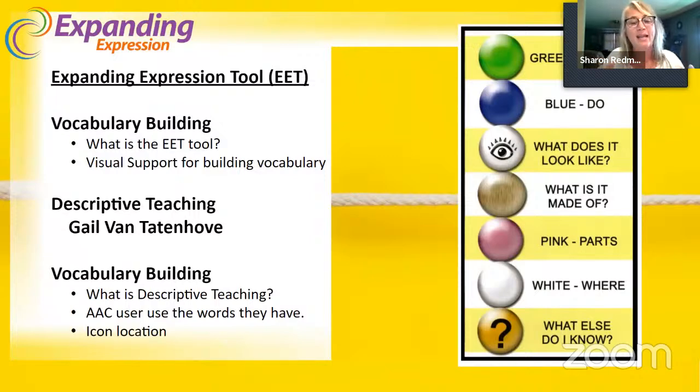So when you look at Gail Van Tatenhome's descriptive teaching model and approach, in that if you don't have, which we know we can't have all the words in our communication devices, but we have core words in our communication devices. And so what can you use to be able to, instead of, to describe?